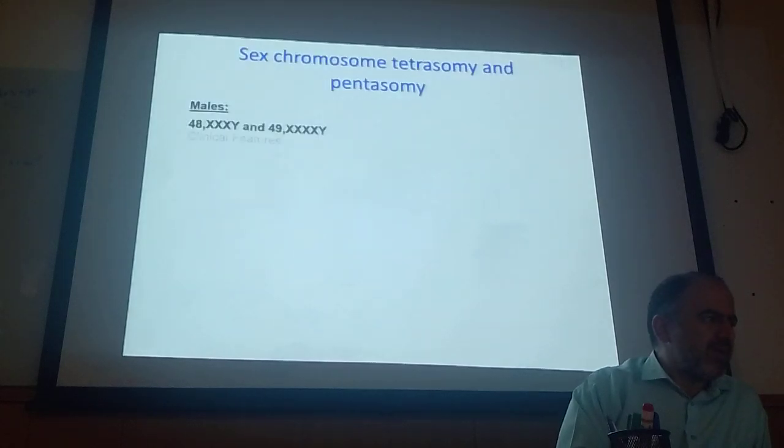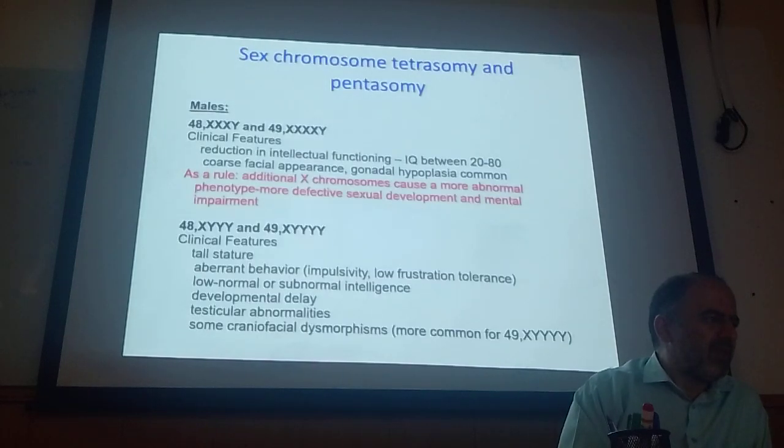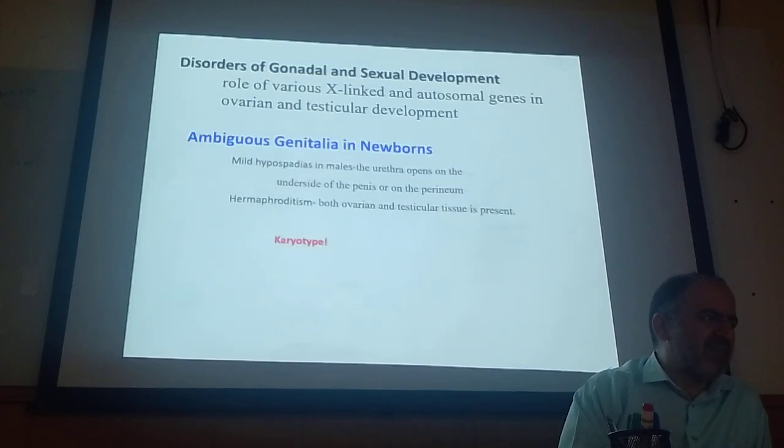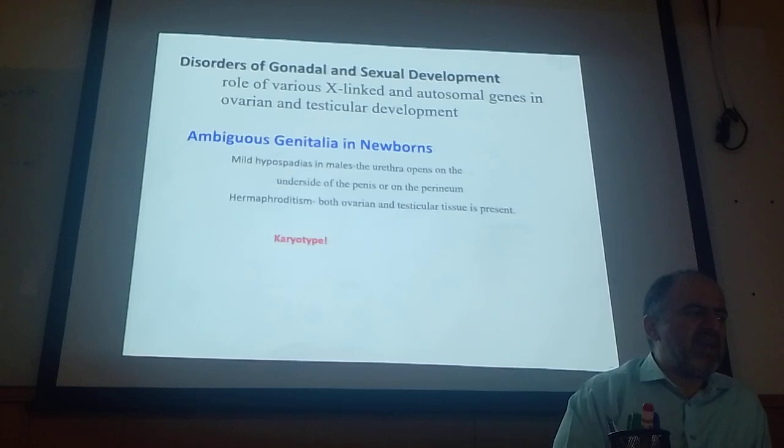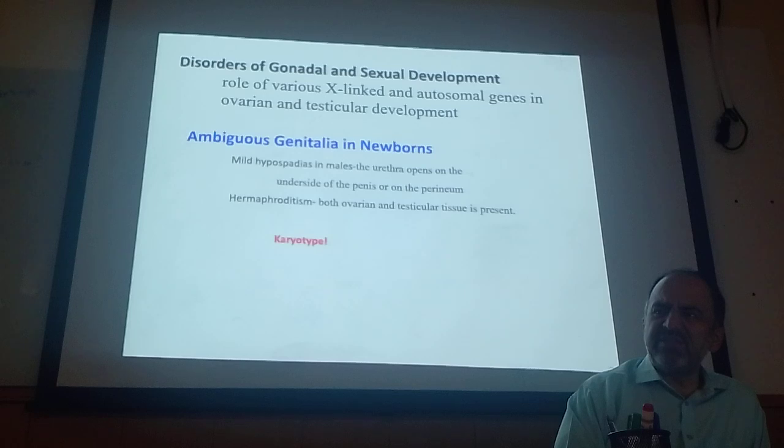Again, we have the same problem for male and female. Again, the same features. And this one, ambiguous genitalia. I told you in the first slide. Ambiguous genitalia is a neonatal emergency.